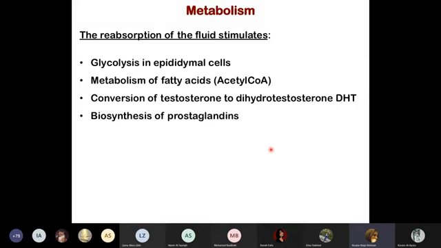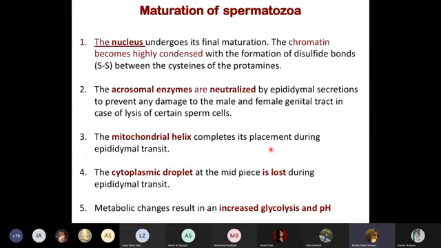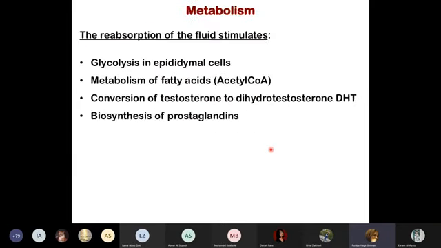And all of these are very important because they will help, again, the sperm cells undergo maturation, and this part of the maturation is undergoing inside of the epididymal tube. What is this maturation? Now, all of these, whether the reabsorption, the concentration of sperm, or all the secretions, will contribute to the maturation of sperm cells.